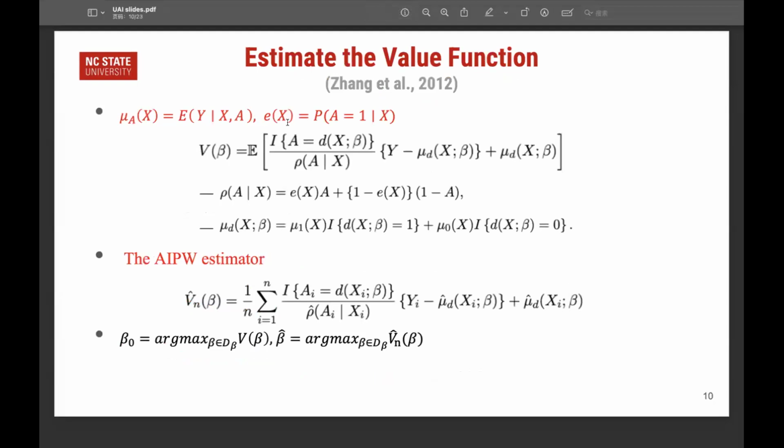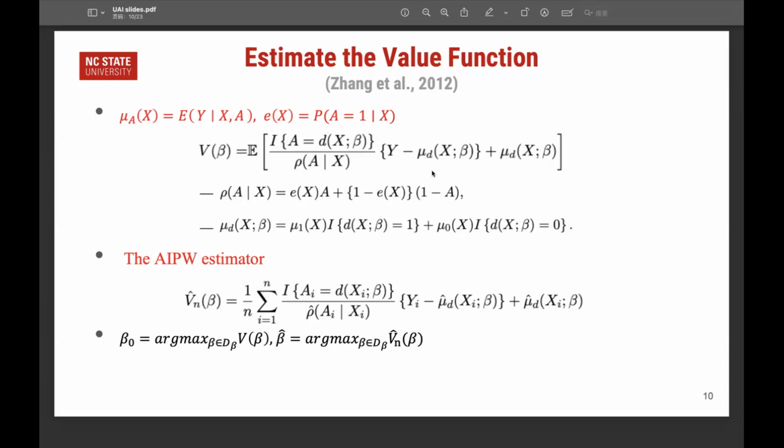Here we denote e(X) as the propensity score and mu(A, X) as the outcome mean function. Based on the previous three assumptions, we can write the identification formula for the value function. Here, rho is a function based on the propensity score and the treatment, and mu_d is a function based on the outcome mean function and the ITR d.